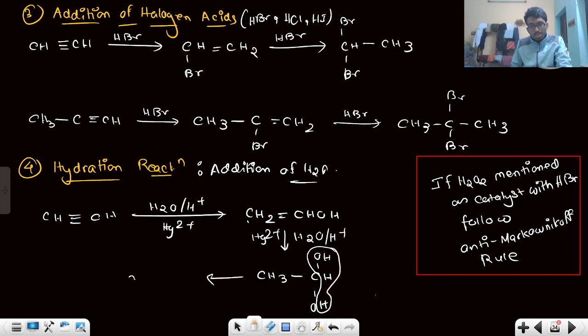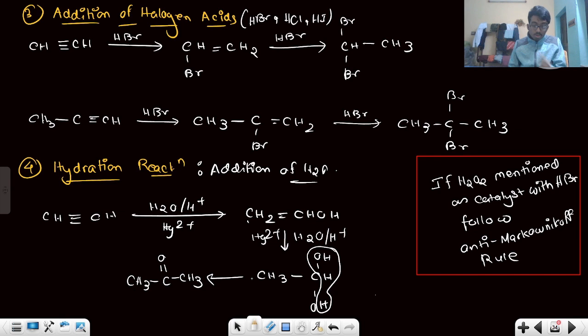So what will be formed is CH3, C double bond O, CH3. This is also equal to tautomerism, coming directly till here. If you want to do tautomerism and come here, no problem. Otherwise, you will do it in this way. Clear?